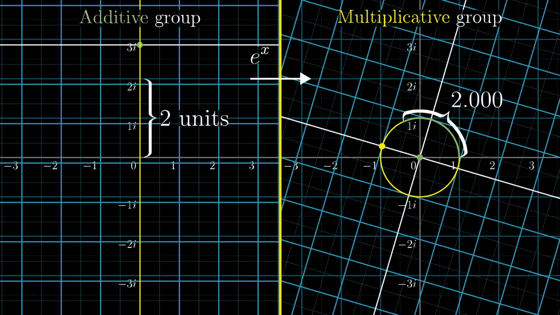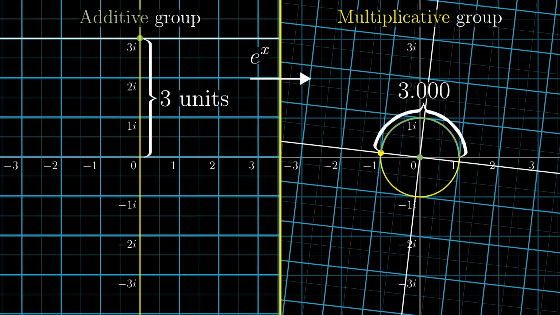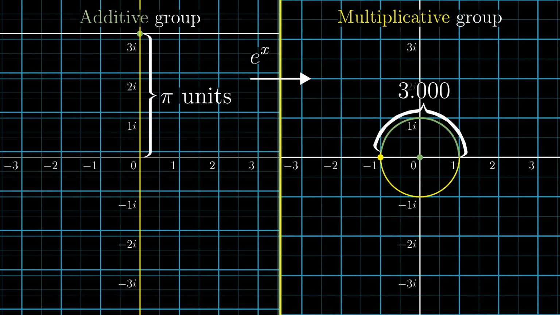A 3-unit slide up corresponds to a rotation of 3 radians. And a vertical slide of exactly pi units up, corresponding to the input pi times i, maps to a rotation of exactly pi radians, halfway around the circle. And that's the multiplicative action associated with the number -1.